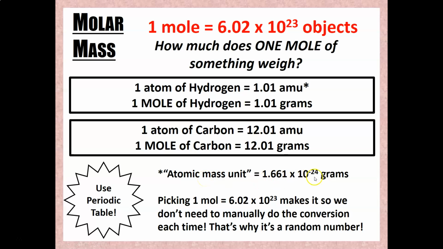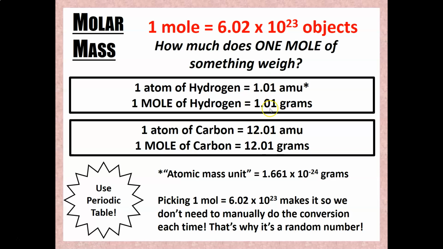You can see here it's a very tiny number of grams. A mole of hydrogen, strangely enough, weighs 1.01 grams. An atom of carbon weighs 12.01 AMUs. A mole of carbon weighs 12.01 grams.